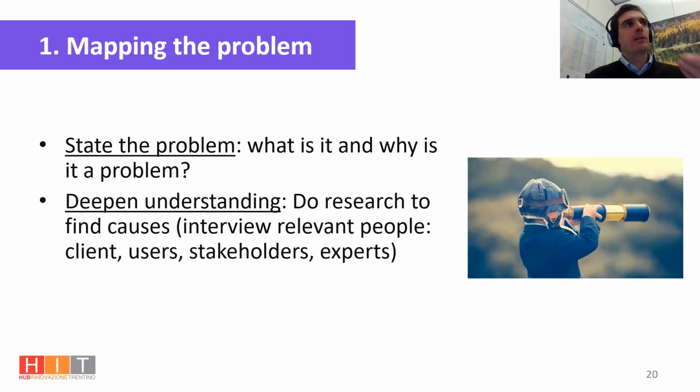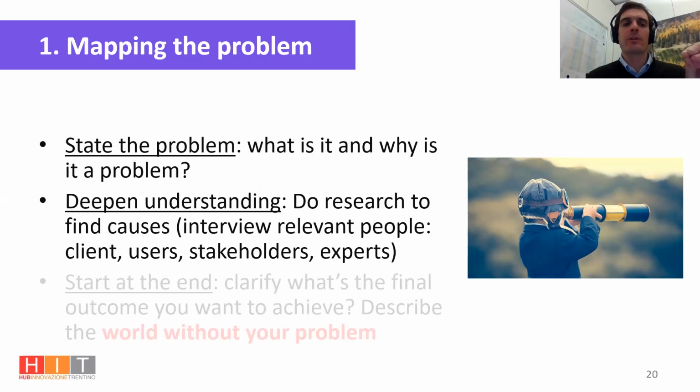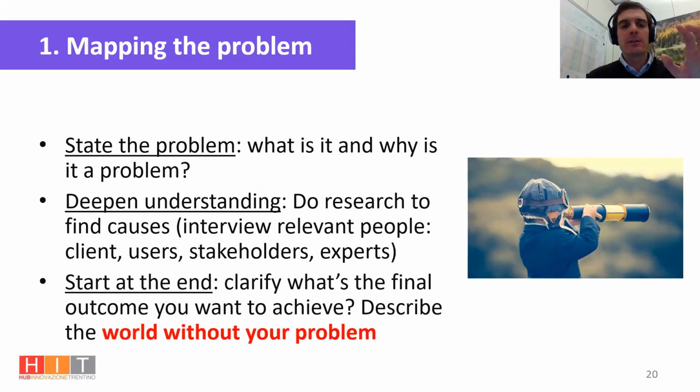But again, the most important thing about the design sprint here is that it tells you that once you are mapping the problem, you need to do something more. And this something more is that you need to clarify how the world should look like without your problem.